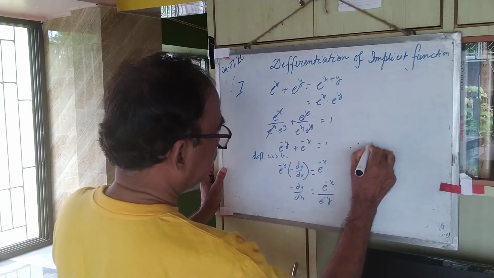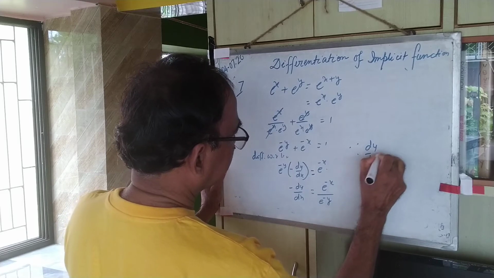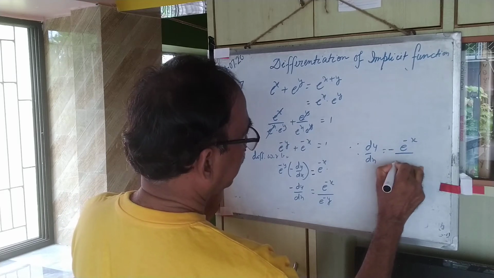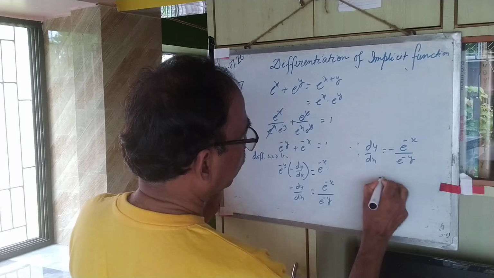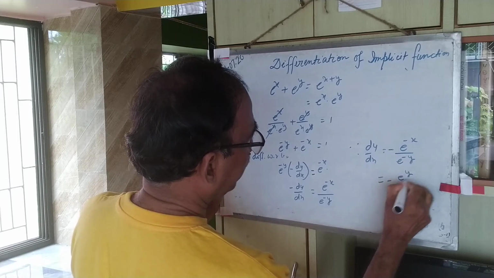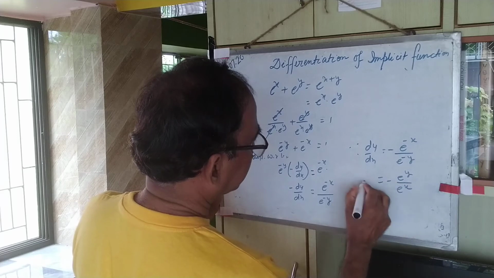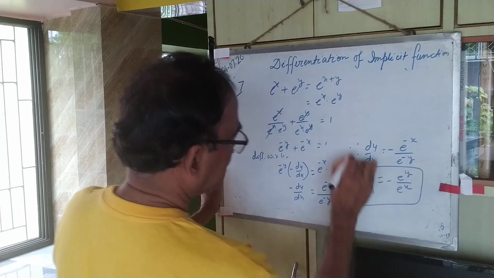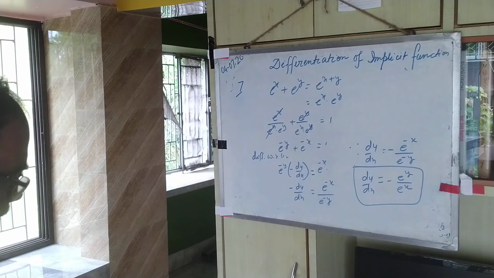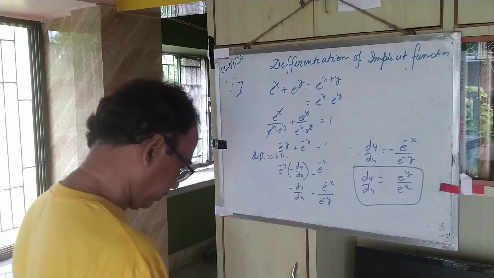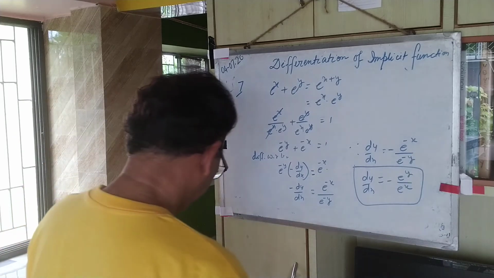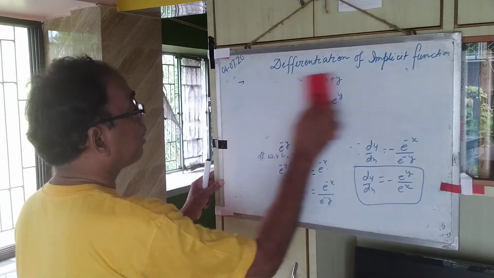Therefore dy by dx equals minus e to the power minus x by e to the power minus y. We can write this as minus e to the power y by e to the power x. That is the final answer, the final dy by dx. Next, sum number 8.